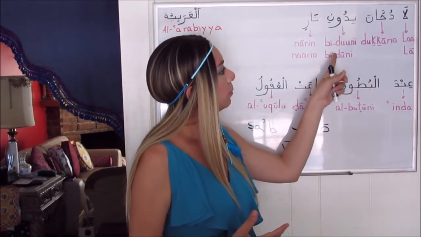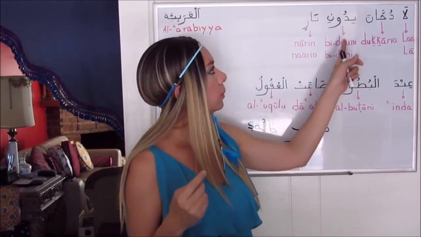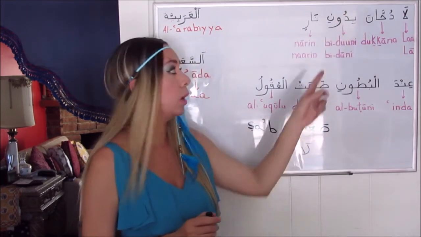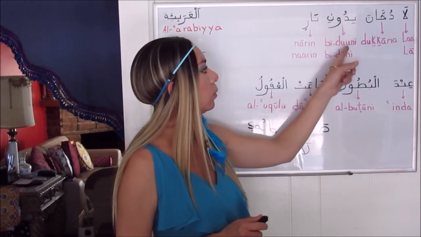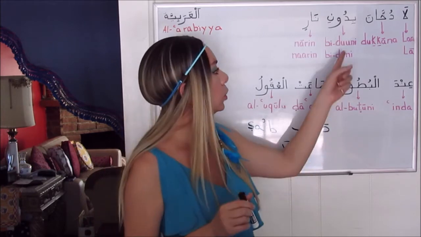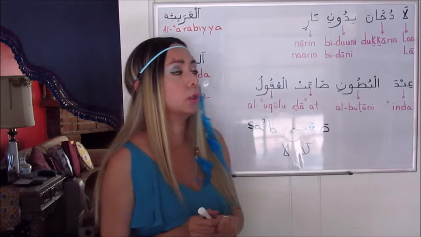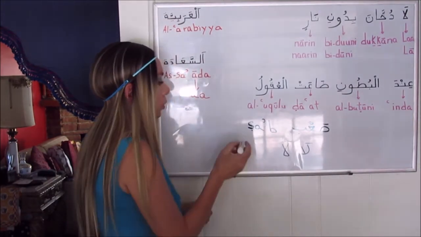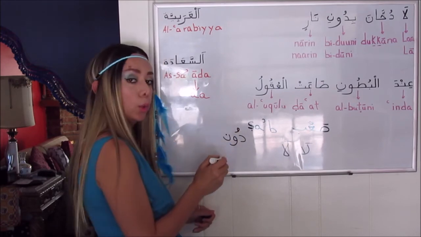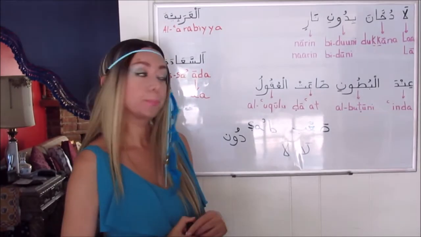So we have B plus duni. We have two U because of the dhamma that is followed by the long vowel waw. So we have duni, or you can overline the U like this. Biduni. Because we have already duna. Duna is the original word, and here we have attached the preposition bi.